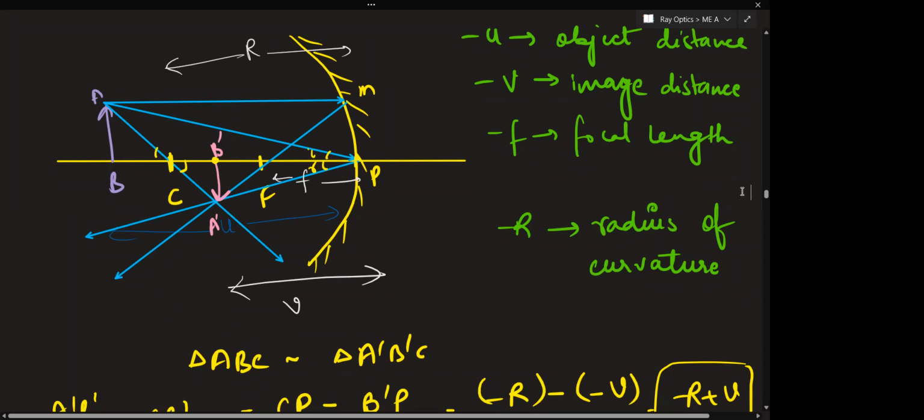Two more things we had: B dash P and BP. B dash P is the image distance v, and BP is the object distance. Both are kept in front of the mirror. Anything that is in front of the mirror, we say is negative according to the sign conventions.